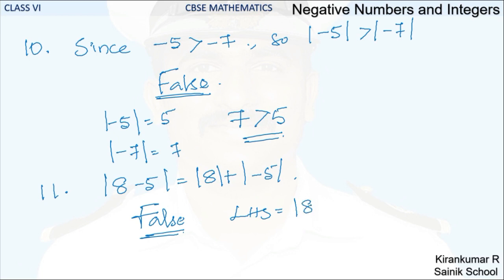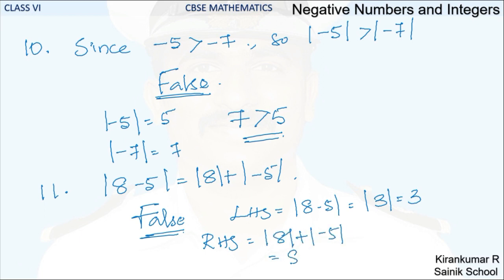We have absolute value of 8 minus 5, which is absolute value of 3, which will be 3. Look at the right hand side. Absolute value of 8 added to absolute value of minus 5. When 8 is added to 5, the result is 13. So clearly, left hand side is not equal to the right hand side.